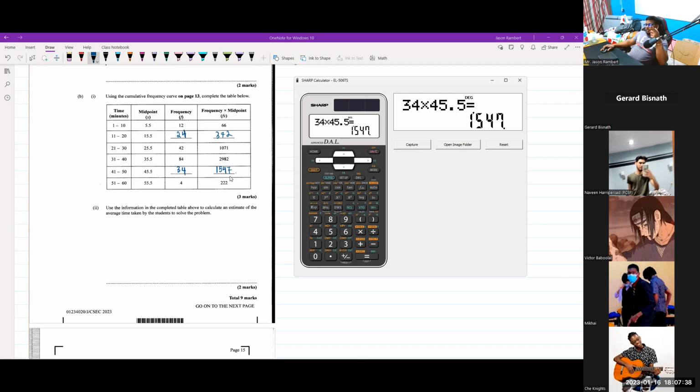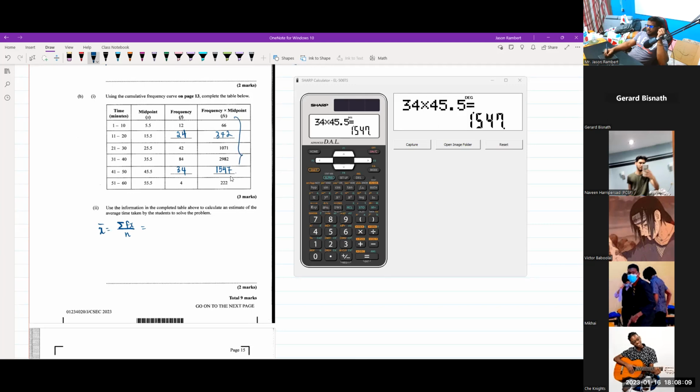Use the information in the completed table to calculate an estimate of the average time taken by the students to solve the problem. That's the mean. Yes, sir. So the mean is sigma fx over sigma f, which is sigma fx over n.